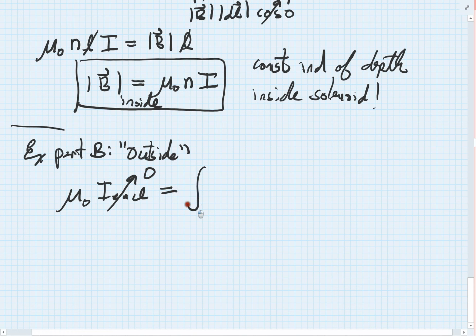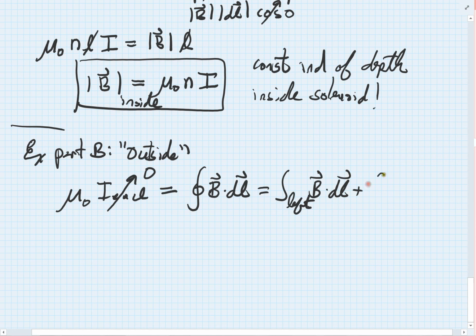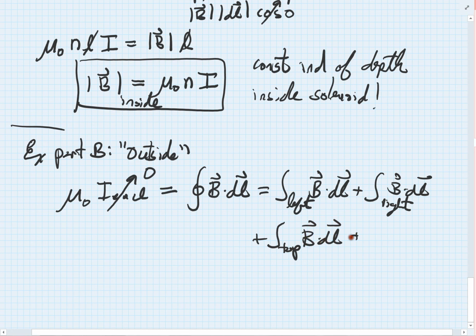So I'm going to get 0 as the closed line integral of B dot dl around that loop, which of course then is going to consist of the left integral B dot dl, plus the right integral B dot dl, plus the top integral, which is the one that we're interested in, B dot dl, plus the bottom integral B dot dl. Now here the logic is much like before.